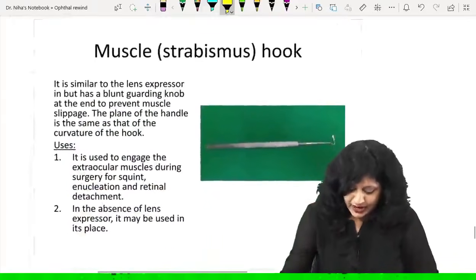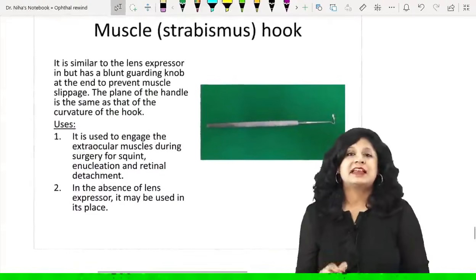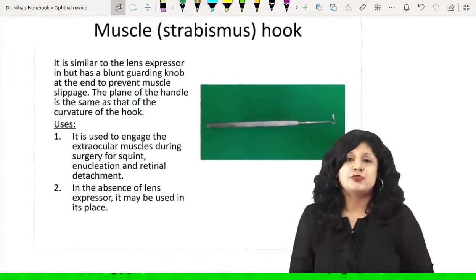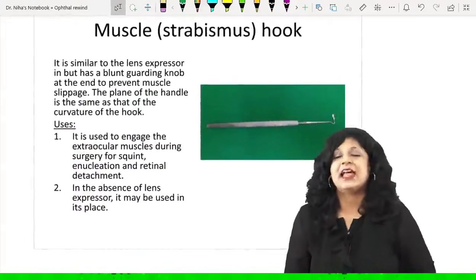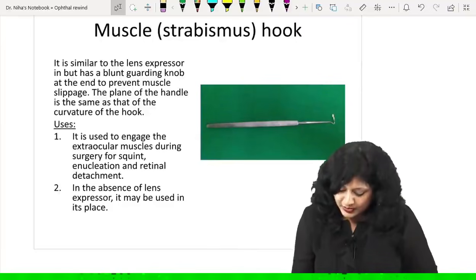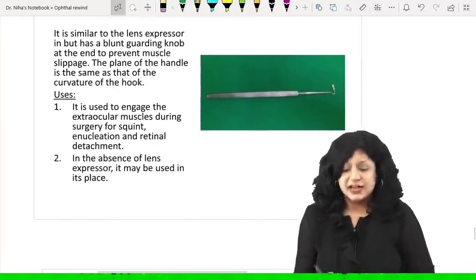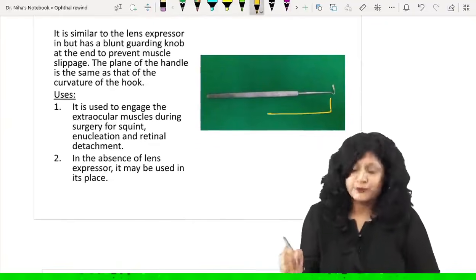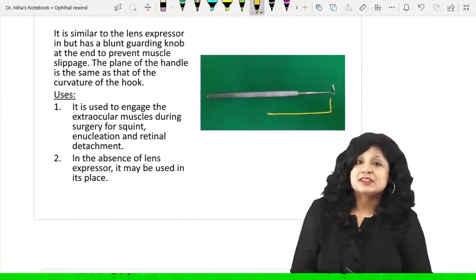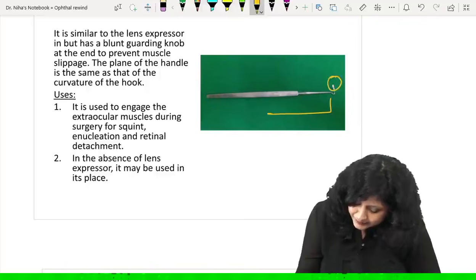Okay, now I told you that there is one more instrument that can be used in place of the lens expressor, and that is called as a muscle hook. Look at the shape here, it is again L shaped. I told you L for L, lens expressor. Then how come this is a hook? See the tip here.